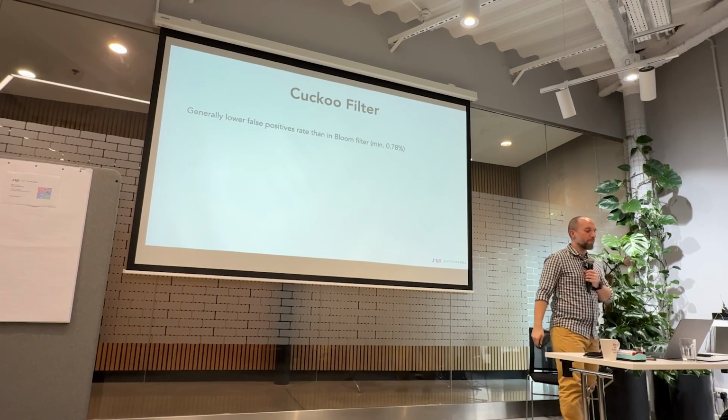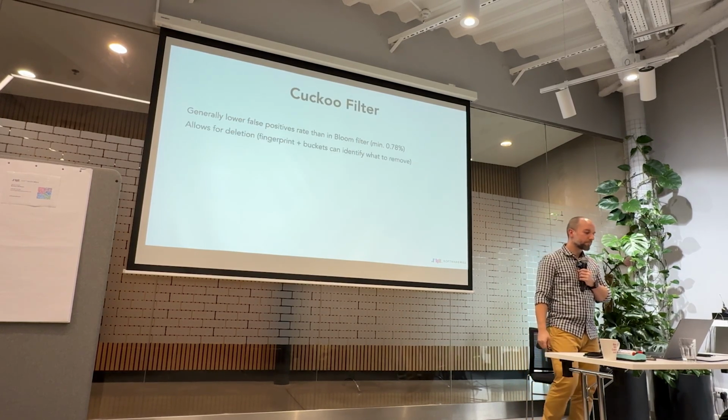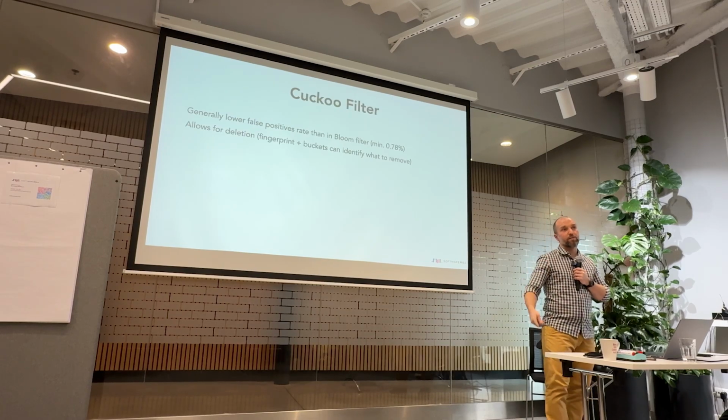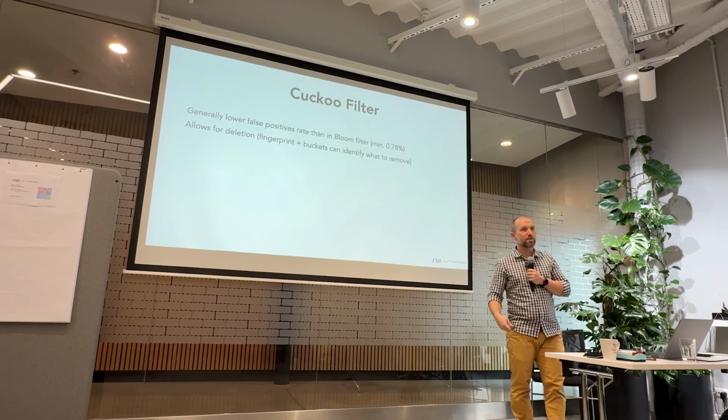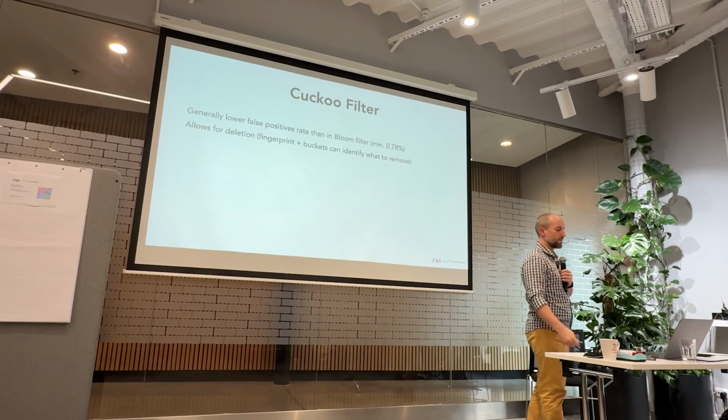So it's a bit better in false positive rate. It allows for deletion. Again, we have this fingerprint and these bucket indices, so we are pretty sure that whatever we want to delete is there in this particular index.